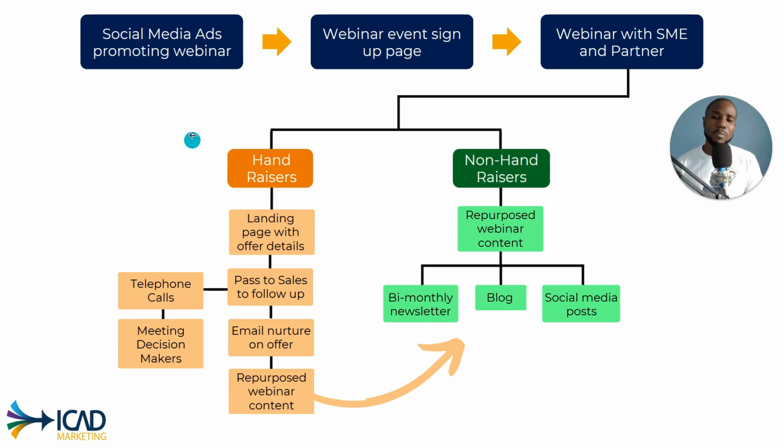So we ran social media ads promoting the webinar using our flyer creative, and that would lead people to the webinar event sign-up page where they could fill out their information to attend the second webinar. And then we hosted the webinar with our subject matter expert, who I mentioned that we went to, to figure out what are the top 3 challenges or topics that person believed the persona group we wanted to reach out to, our target, would be interested in.